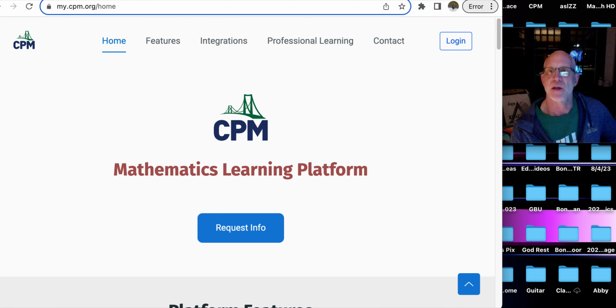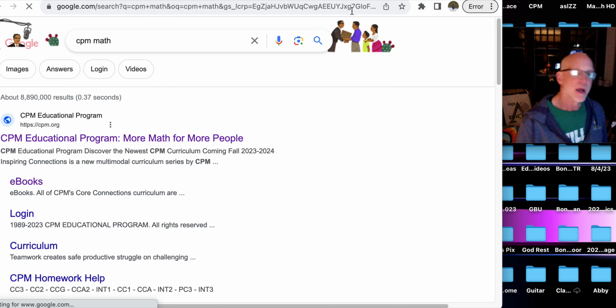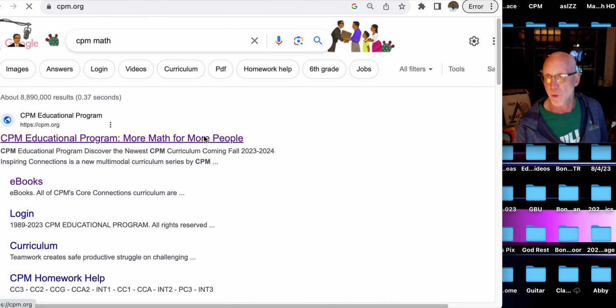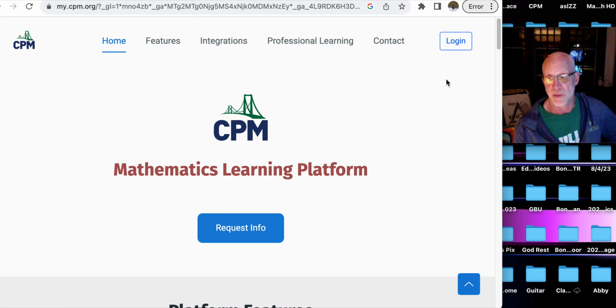So let's talk about how you get back into your ebook. Remember what I do. I go to CPM Math, and from there I click on More Math for More People, and then from there I go to Login. Now, if you're on your Chromebook, everything should be okay. Like you should have your username and password intact. If you're not on your Chromebook, you may have to remember your username from school and your password.